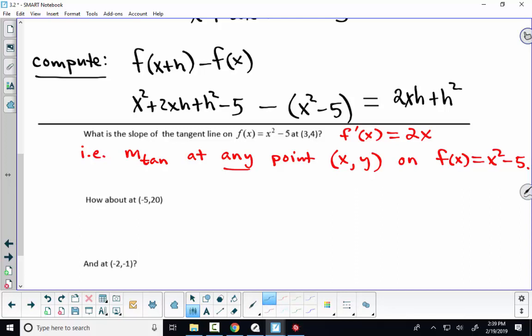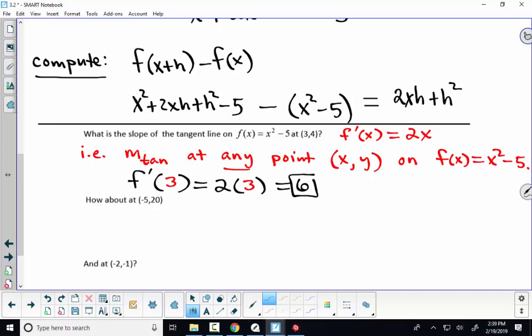So if we're asked what's the slope on x squared minus 5 at (3, 4), then our computation is simply: what is the derivative evaluated at 3? Well, the derivative is 2x, so this is just 2 times 3, which is 6. So there's the slope of the tangent line on x squared minus 5 at the point (3, 4).